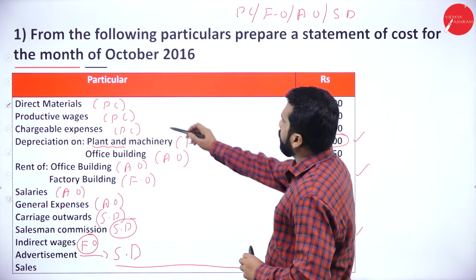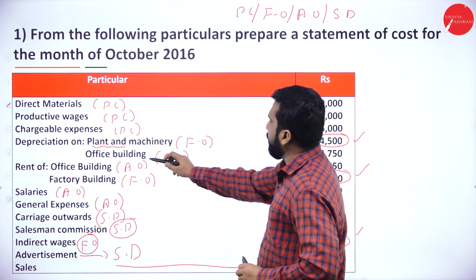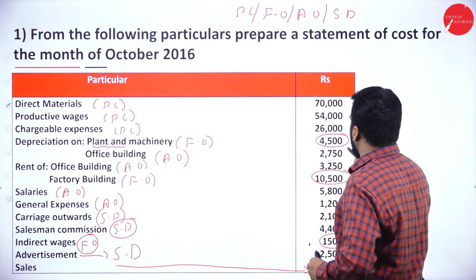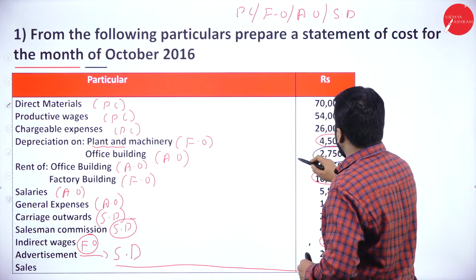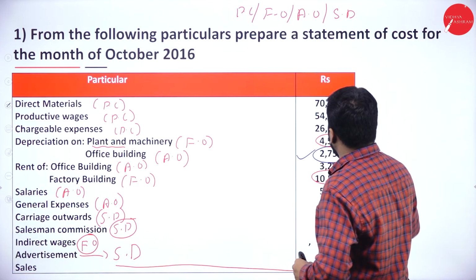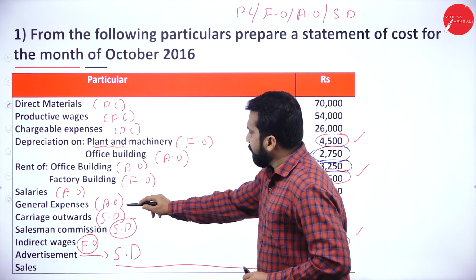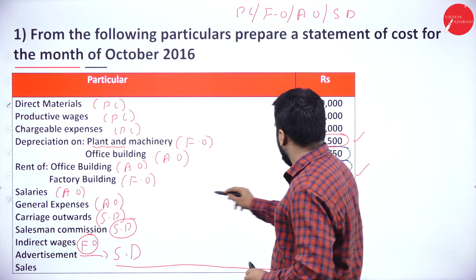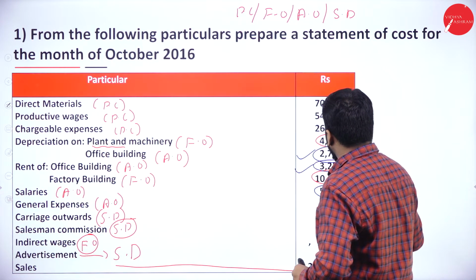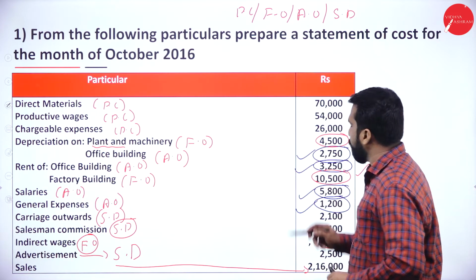In this, so everything belongs to prime cost. This factory, yes. Office building, we have 2,750. Is there anything? Rent of office building, 3,250. Yes. General salary and general expenses, 5,800, 1,200. 1, 2, 3, 4.